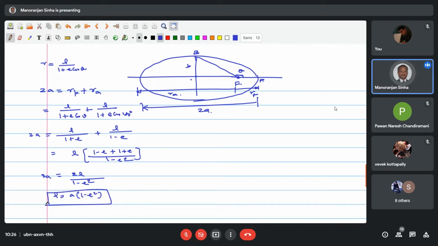This is information we are going to use. From this place we are aware that this quantity is ae, and therefore if we write this as r, b can be written as the square root of r square minus a square e square.